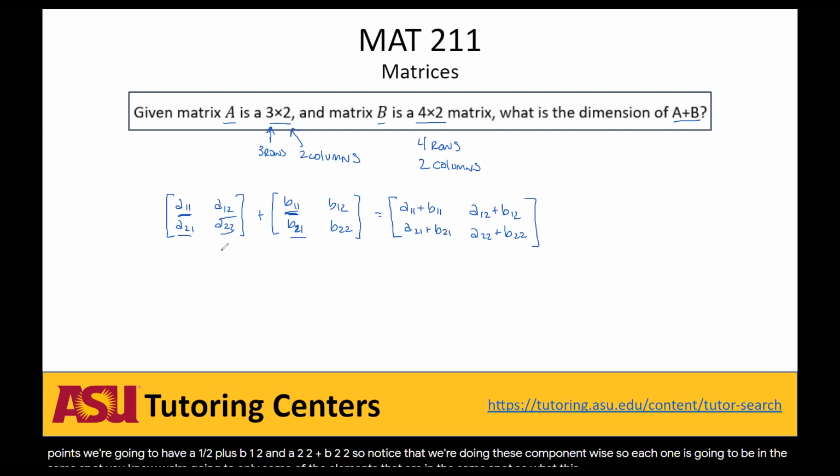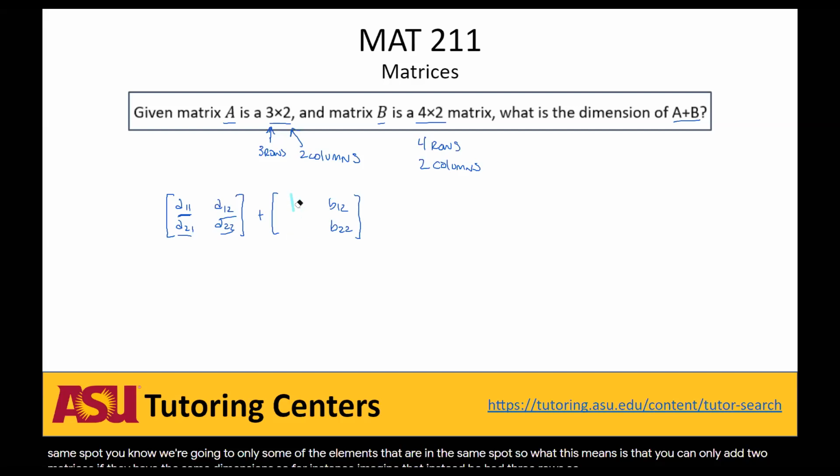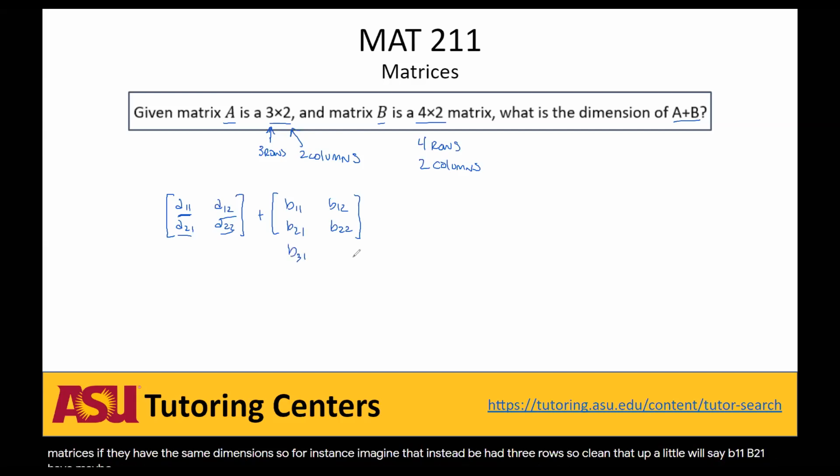So what this means is that you can only add 2 matrices if they have the same dimensions. So for instance, imagine that instead B had 3 rows. We'll say B11, B21, maybe B31, and B32.